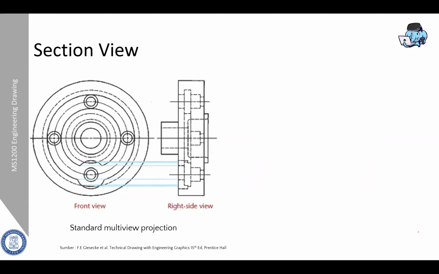This shows you the standard multi-view projection of a component, the front view and right side view. As we can see from this standard multi-view projection, there are certain parts that are hidden, shown by the hidden lines.